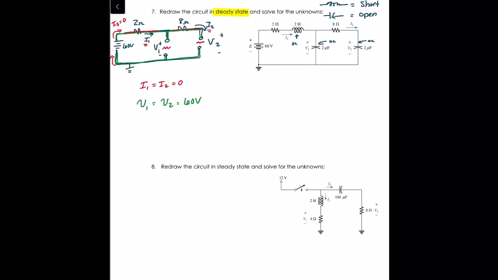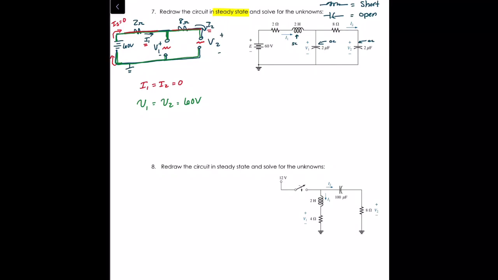So in this case, both of them are 60 volts. So we'd see 60 volts across each of those caps. Fairly simple, but again, you're going to have to really work at getting down the open and short circuit ideas here. Okay, let's look at number 8.